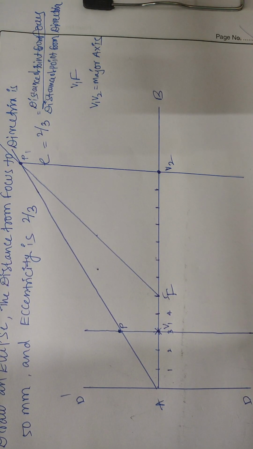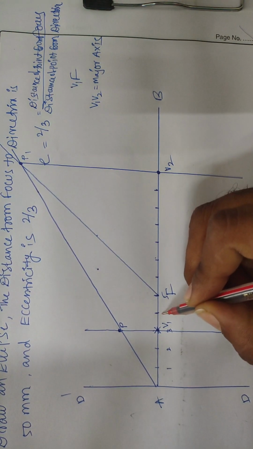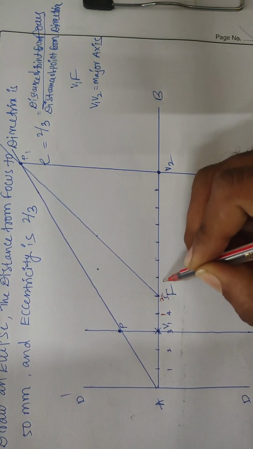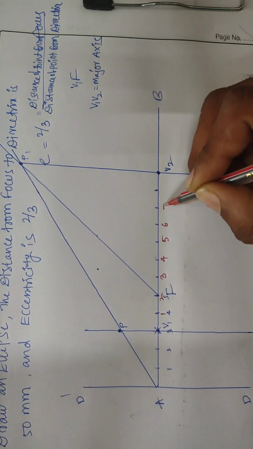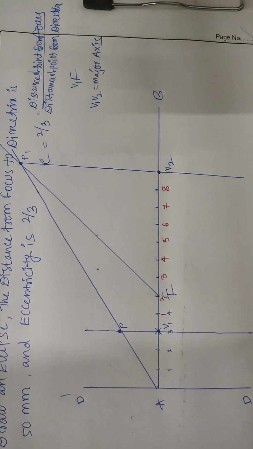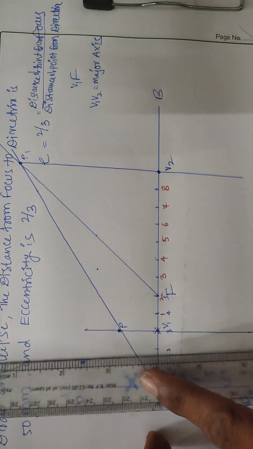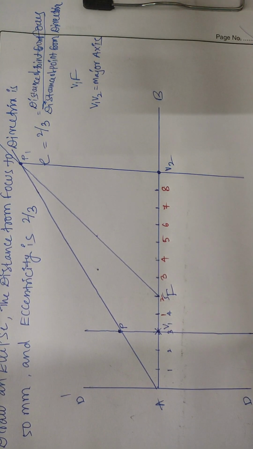Then I am locating these as 1, 2, 3, 4, 5, 6, 7, 8. Like this we need to mark the numbering. Then from each and every division we need to draw straight vertical lines.